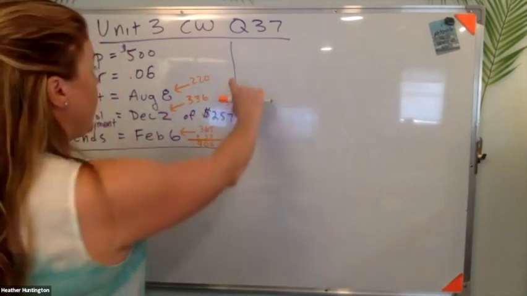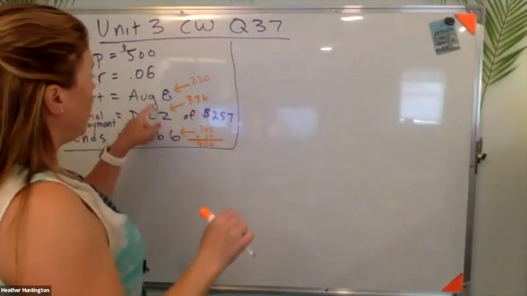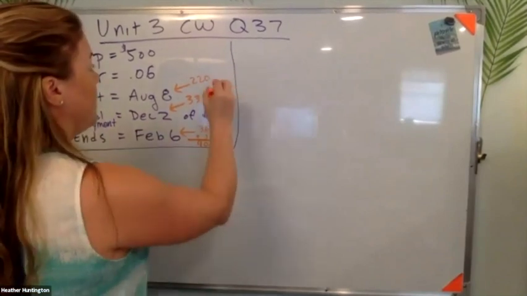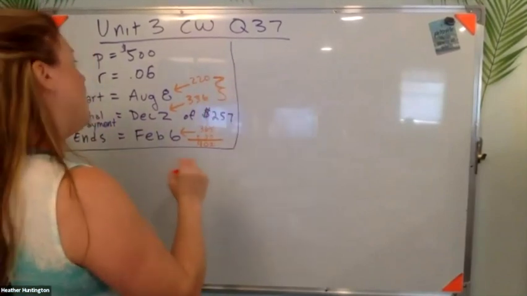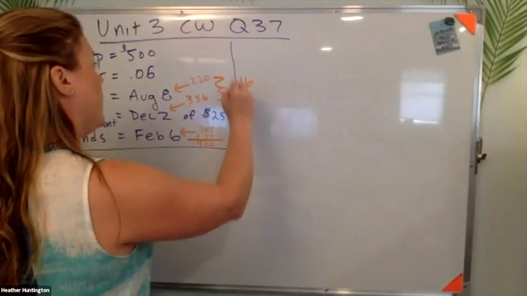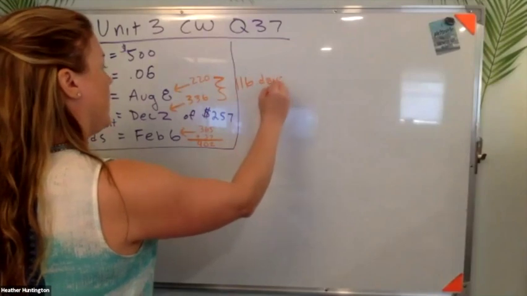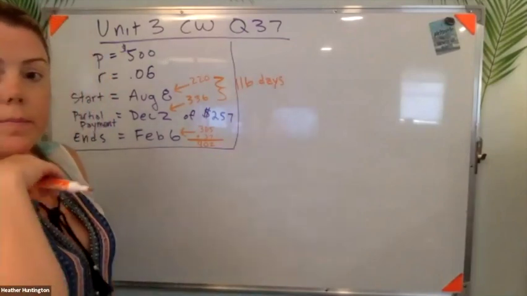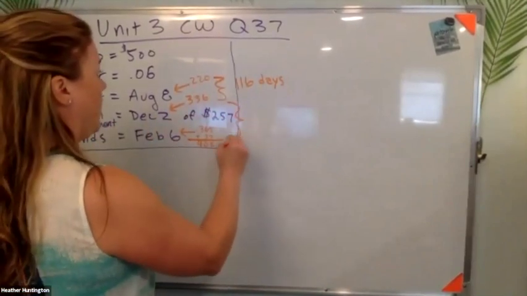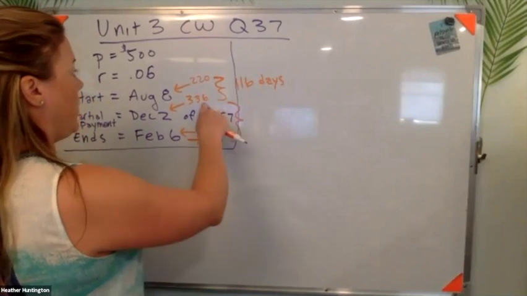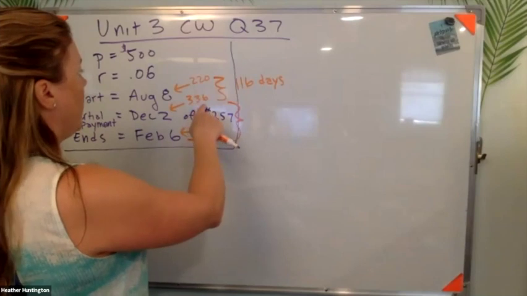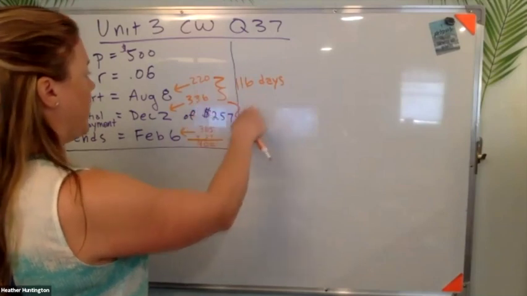Okay, and now let's figure out how many days are in between August 8th and December 2nd. You added 37 to 365 at the bottom there? Yes. Okay, so here what I did is 336 minus 220, and I'm getting 116.